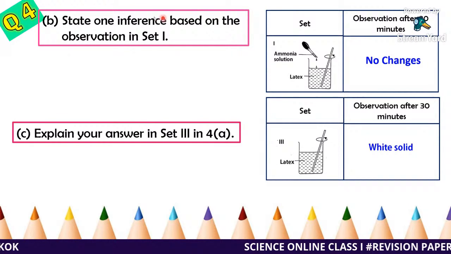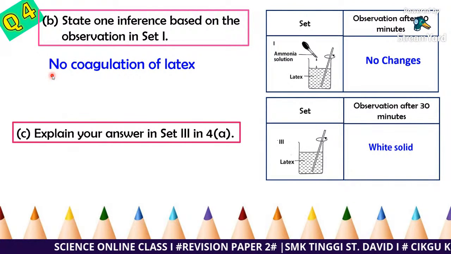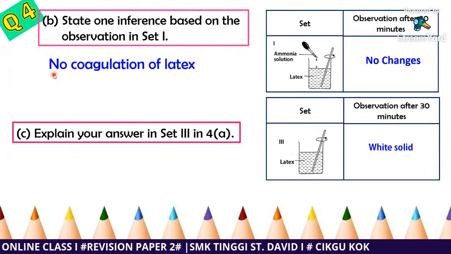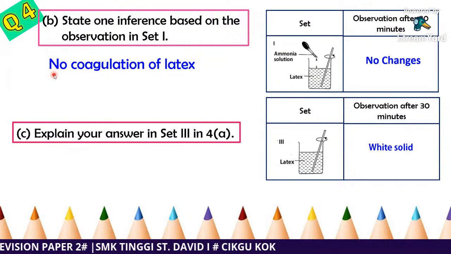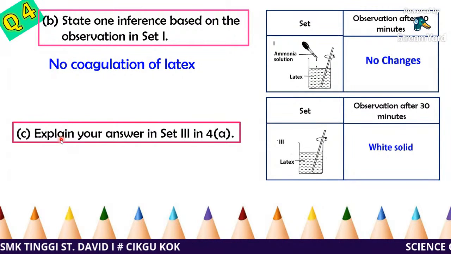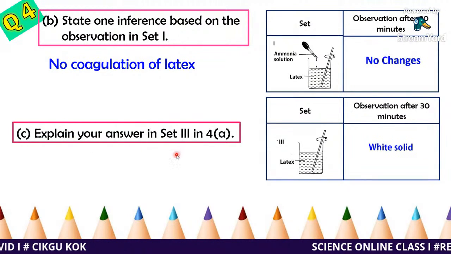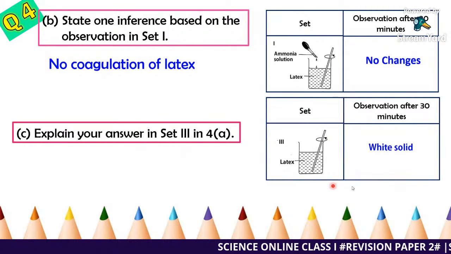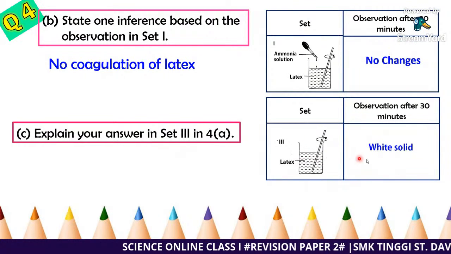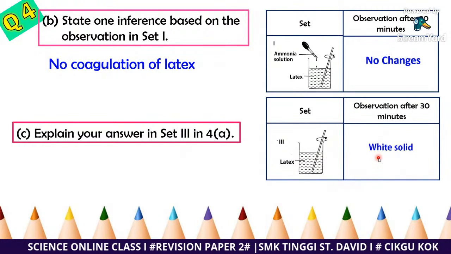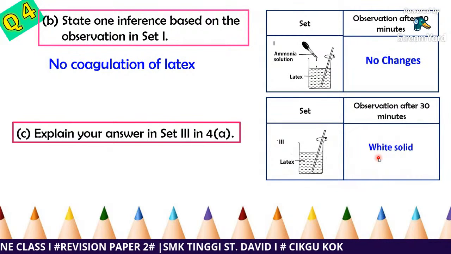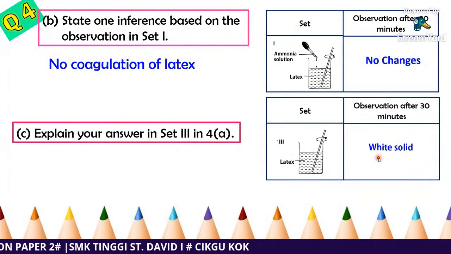This one was set 1 only, and they asked about set 1. So from here, we find no coagulation of the latex, because there's no change. How about C? Explain your answer in set 3. In set 3, we find the change becomes white solid. That means we can call it coagulation. The latex already coagulated.